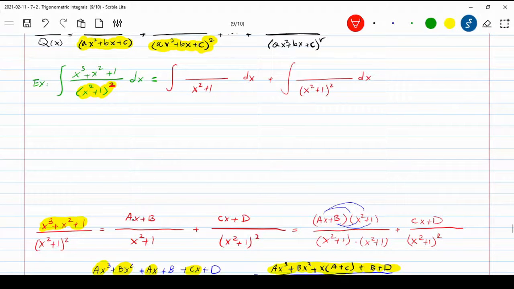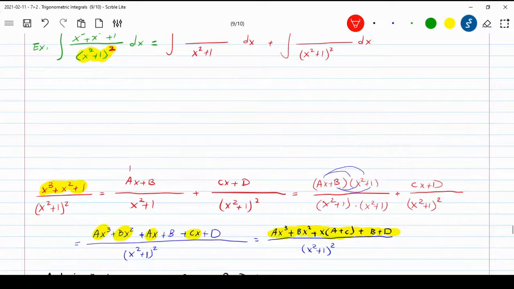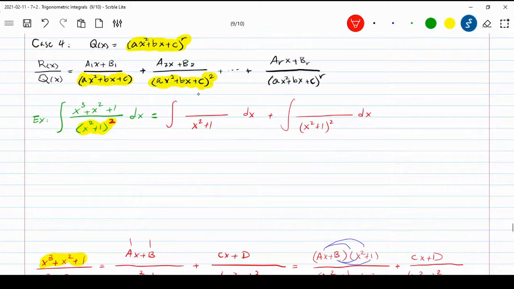The numerator of the first one is ax plus b, where we found a and b. a and b, they both were 1. So you would have 1x plus 1b. So these are both 1. So I found that is 1x plus 1, or x plus 1. And for the cx plus d, we found that c is negative 1 and d was 0. So you have negative x.